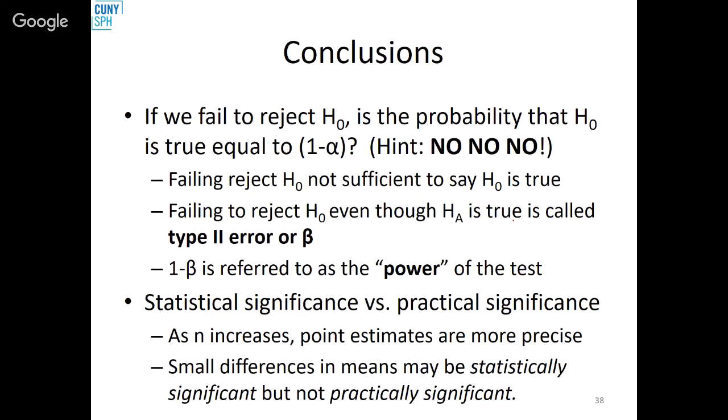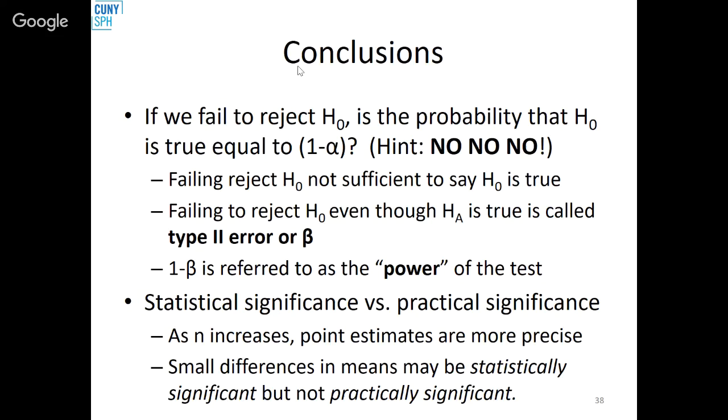Okay, so final slide here. If we reject the null hypothesis, is the probability that H0 is true equal to 1 minus alpha? The answer is no. We do not estimate the probability that the null hypothesis is true. All we estimate is alpha, which is the probability of observing our sample, given that the null hypothesis is true.